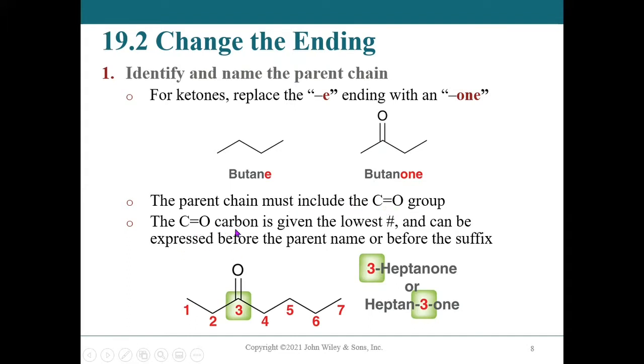The C=O carbon is given the lowest number and can be expressed before the parent name or before the suffix. For example, this ketone, we can say this is 3-heptanone because this carbonyl is on the third carbon. Or we can say heptane, that means we have a 7 carbon chain, then this carbonyl on the third carbon is indicated by 3-one.